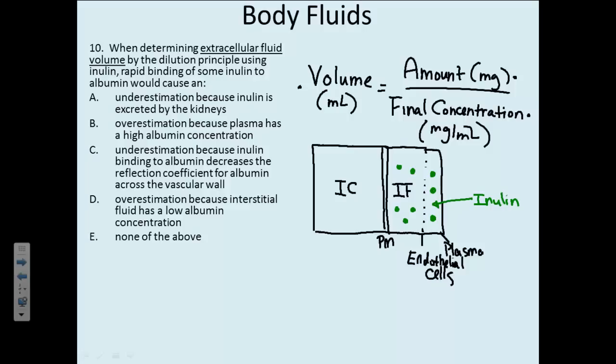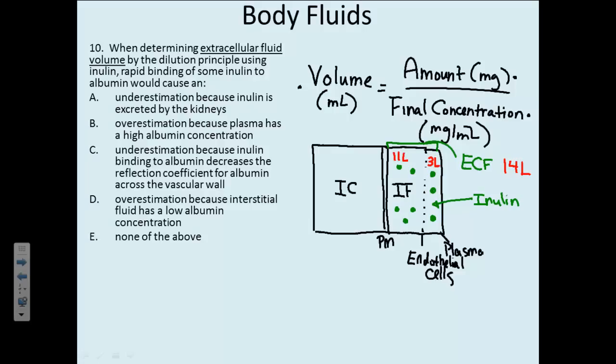So for that reason, we use inulin as a marker to determine the volume of the extracellular fluid, because it equilibrates in all of the extracellular fluids of the body. So if we think about our normal values, typically we should see a plasma volume of about 3 liters and an interstitial fluid volume of about 11 liters. So overall, our measurements with the dye dilution principle with inulin should show it equilibrating in a volume of about 14 liters. Okay?